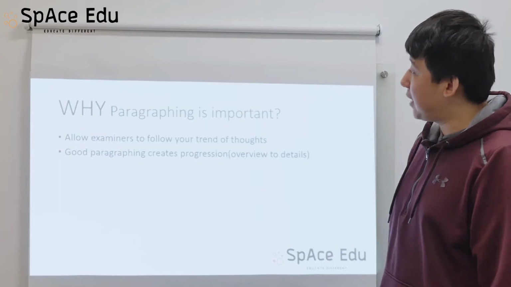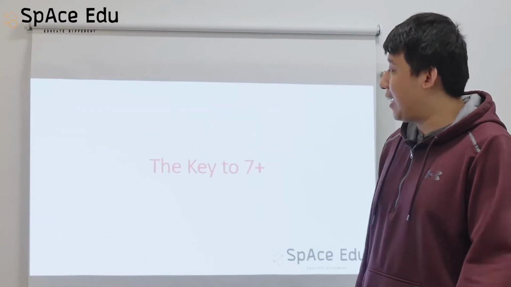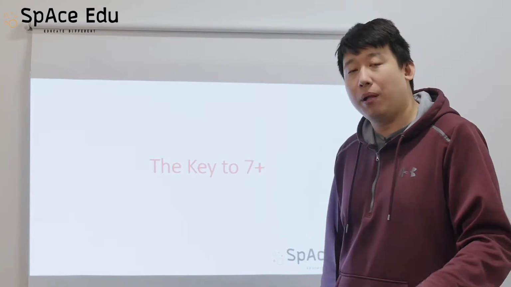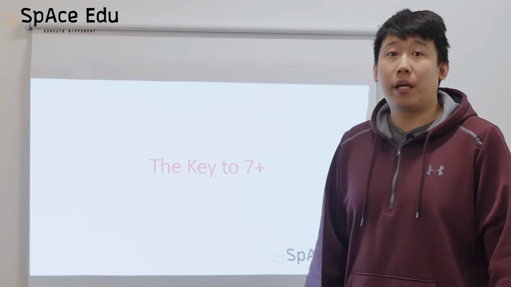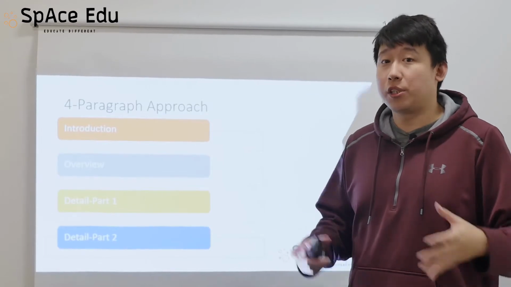I would believe that really good paragraphing is the key to 7+. If you're looking at getting a 7+ or even higher in writing task 1, good paragraphing is really important. So the next question is how we can solve this problem.